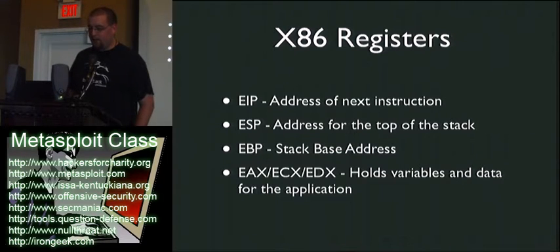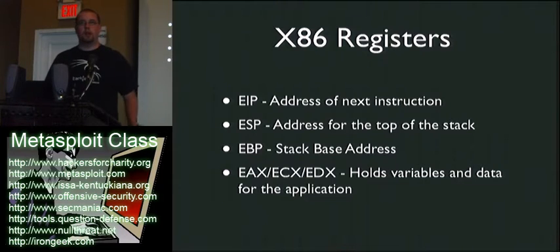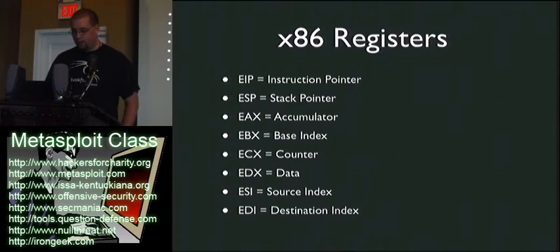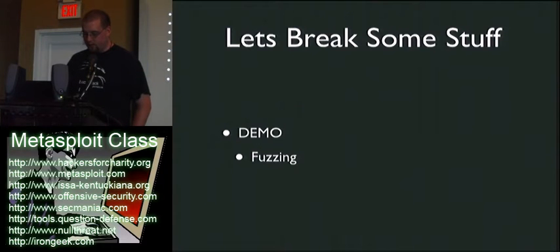But this is some of the basics. EIP is the next instruction. ESP is the stack pointer. It points to the top of the stack. The rest of it just holds addresses and things for functions in the application. And there's the full list of what each of them means. Not really relevant right at this point.